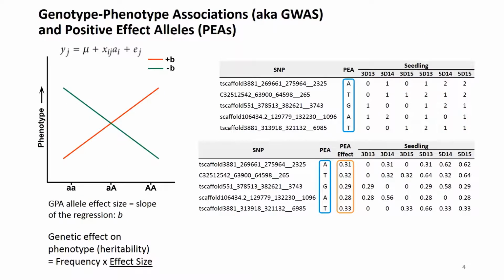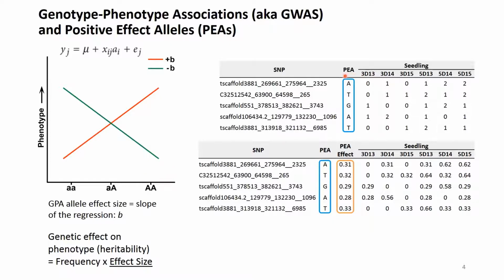Genotype-phenotype associations identify the effects of an increasing or decreasing number of alleles at a given locus. Each GPA effect size is the slope of the line, be it positive or negative, depending on which allele is the reference allele. The allele that has the positive effect on the phenotype we define as the positive effect allele.